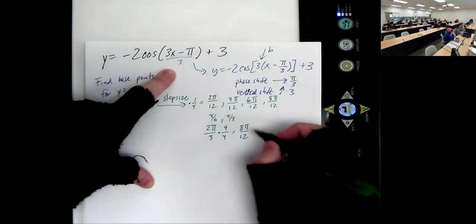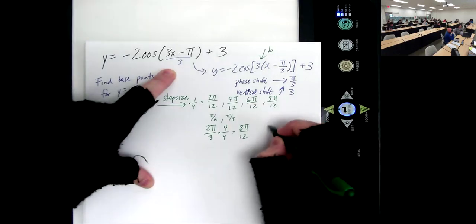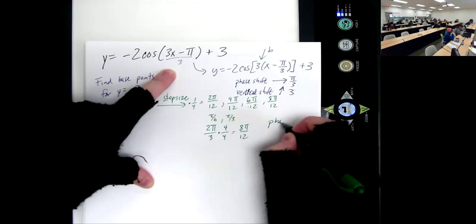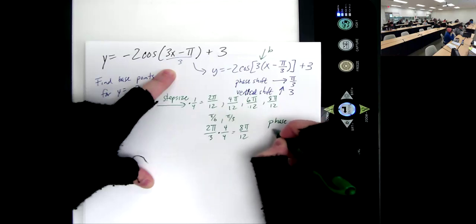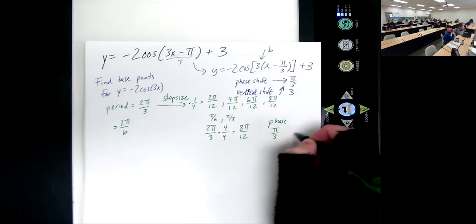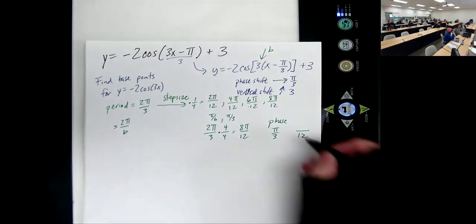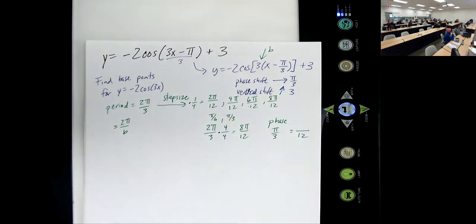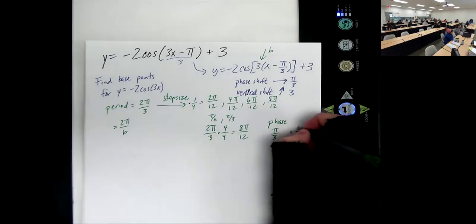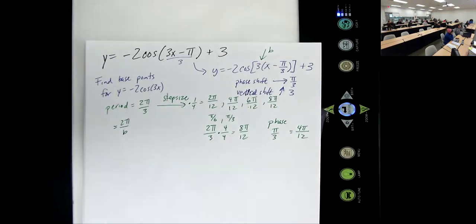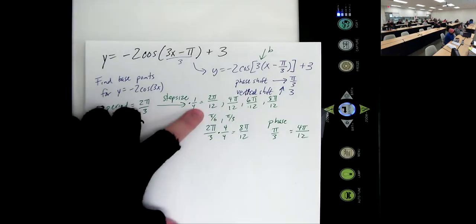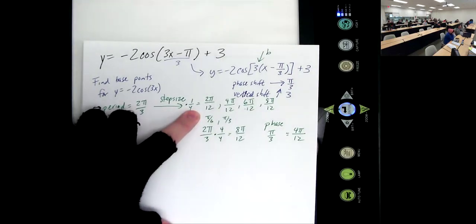What is a pi over 3 phase shift with a denominator of 12? I want to end up with the 12 on bottom, what do I need to have? 4 pi. So if I do my stuff in increments of 12 on bottom, counting over 4 is easier.